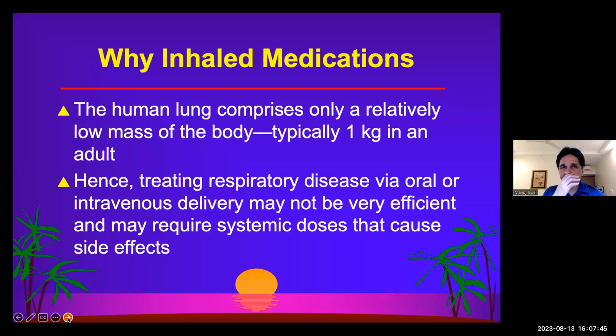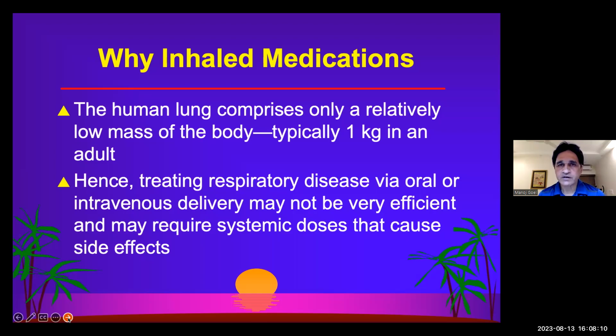So why are inhaled medications required? Because the human lung comprises only a relatively low mass of the body, typically 1 kg in an adult. So a 60 or 70 kg human being would have a lung weighing around 1 kg. You can imagine the weight of the lung, and therefore small doses of medication may be required to reach the lung for therapeutic benefit.